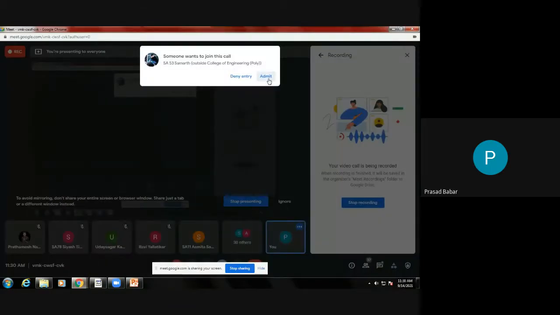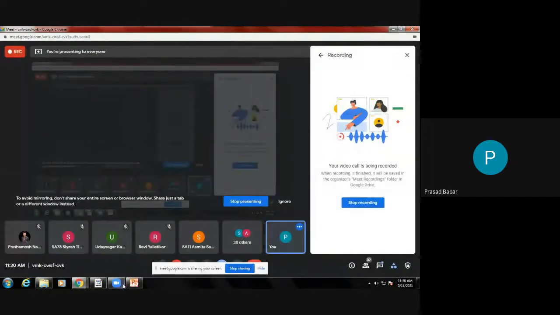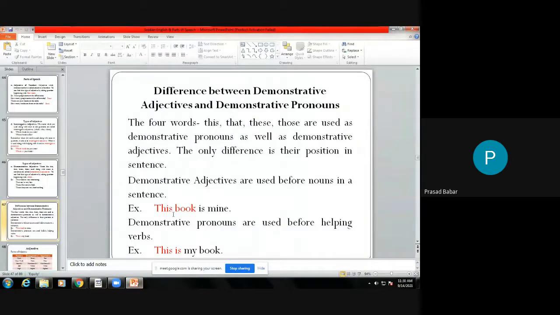Okay, book here works as a noun, and this is the demonstrative adjective. Demonstrative pronoun? No, demonstrative adjective, yes, because it came along with the noun, or came before the noun in the sentence.